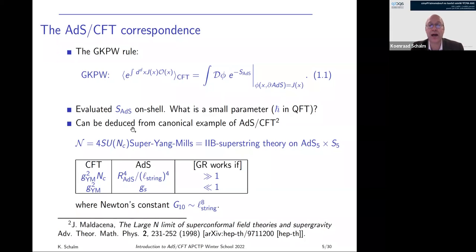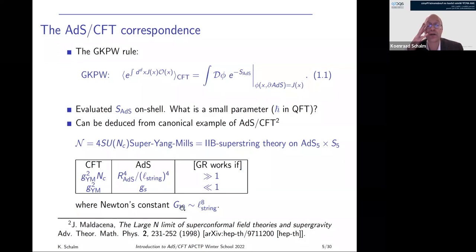And if you study this duality, the way it descends from string theory, you find out that in the CFT, there's a combination called the Yang-Mills coupling constant times the number of colors. And this is equal to the AdS radius that we saw in units of the string length. Now, what is the string length? The string length is the dimensionful quantity that controls Newton's constant.